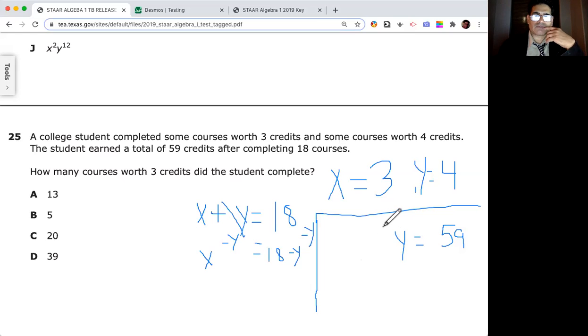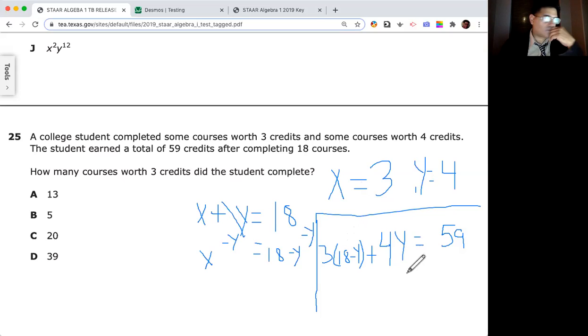So the value: 4 credits times the 4 credit course, 3 credits times the 3 credit course. And again, this is me reaching out for help. 3 credits times the 3 credit course is 3 times x. But we have a value for x, and the value is 18 minus y, plus 4 times the y value, which we don't have, equals 59.